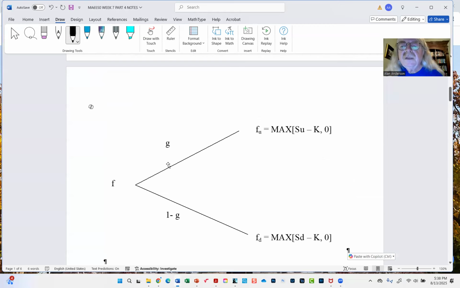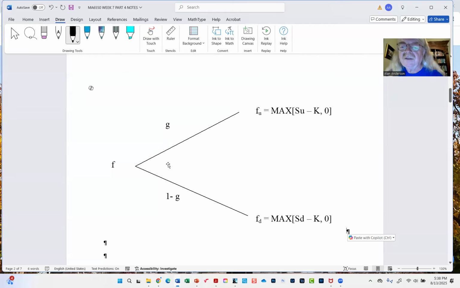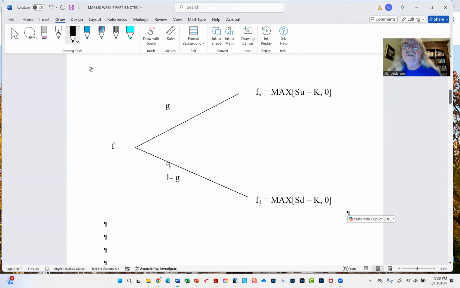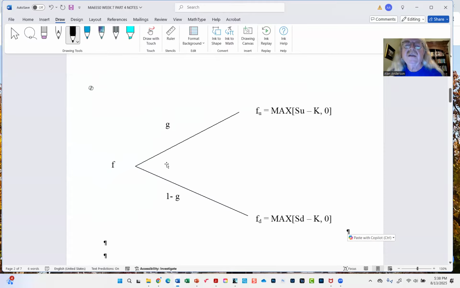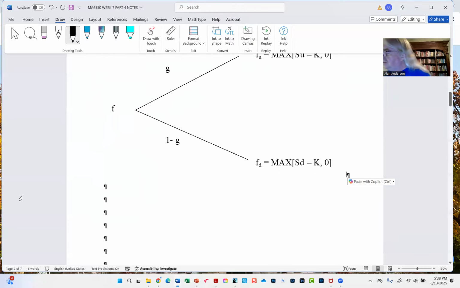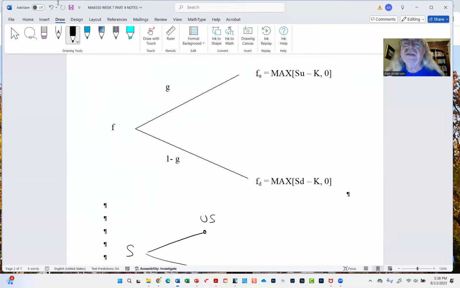Now, here we're going to use K for the strike price. Okay, so this is a call. You can tell because when we go up the branch, we reach max of SU minus K, 0. So that means going on behind the scenes is a stock price tree. It's SU.